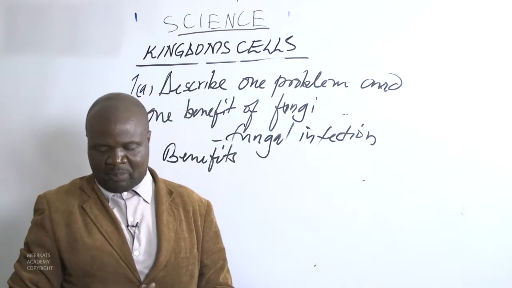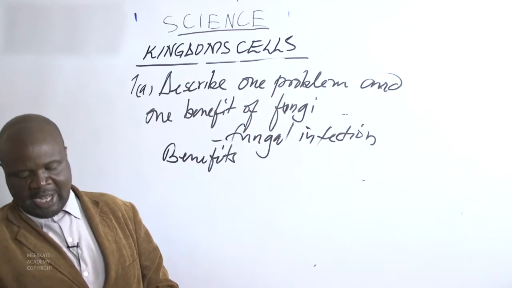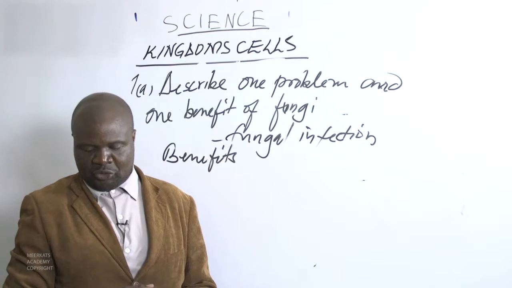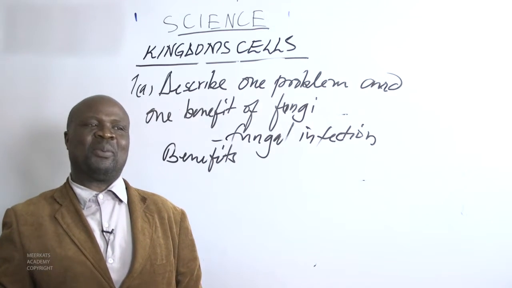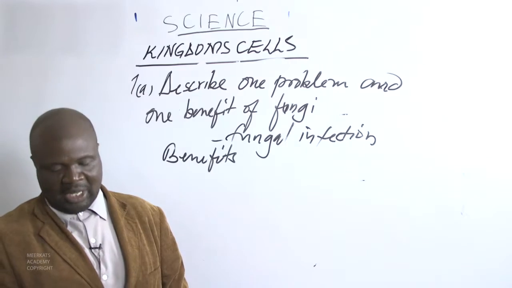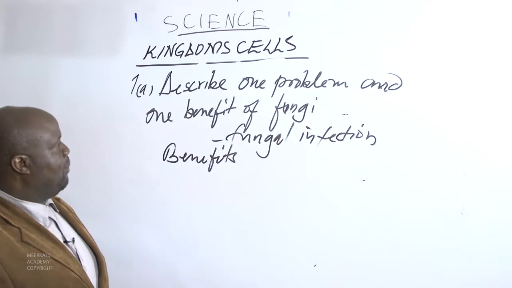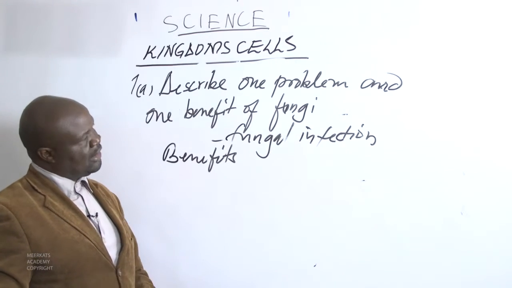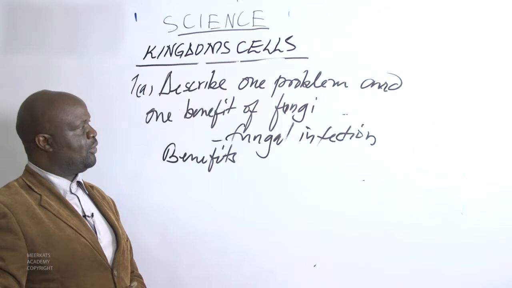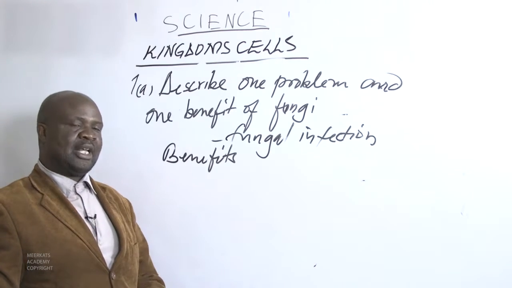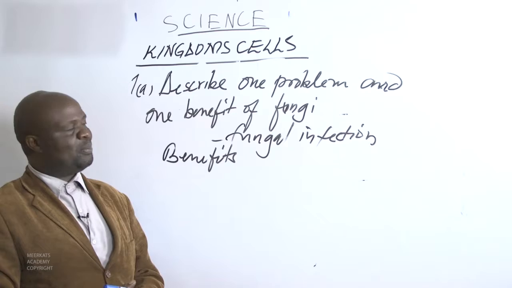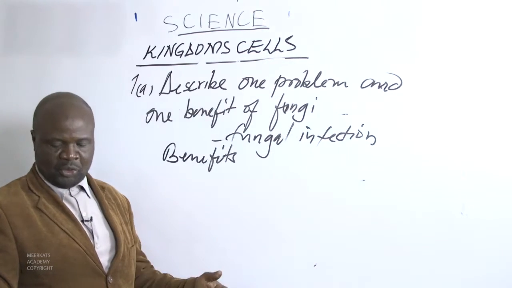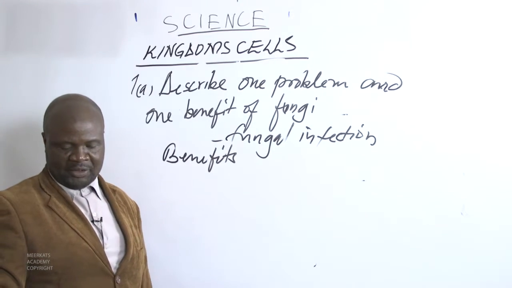When waste products are broken down into nutrients, they go back to the soil. The soil absorbs these nutrients and becomes fertile, and it can support other plants that require to grow. Nutrients are absorbed by plants and trees, and they are able to grow. So the soil becomes very fertile. That's a major benefit of fungi.